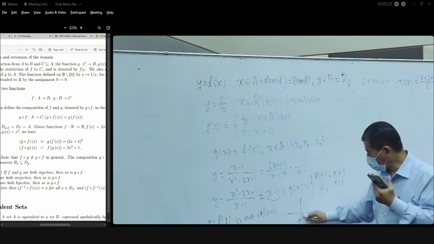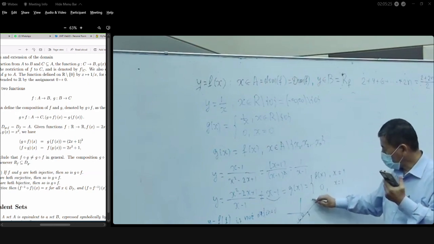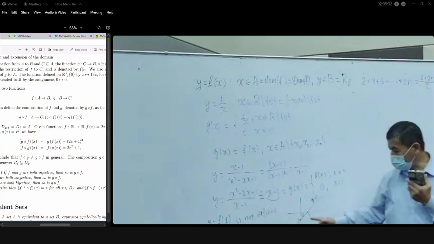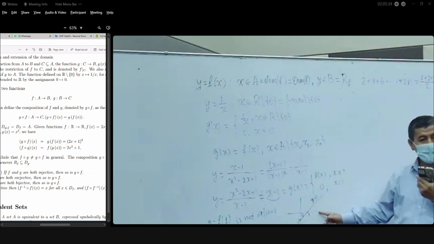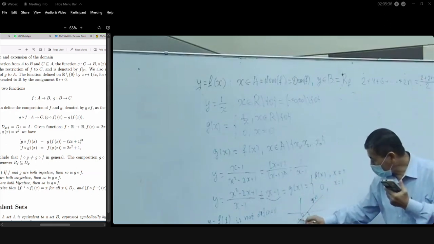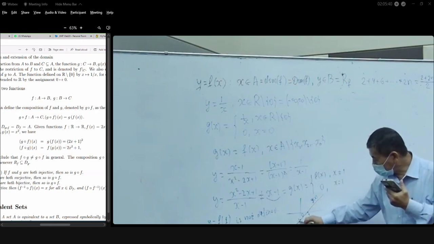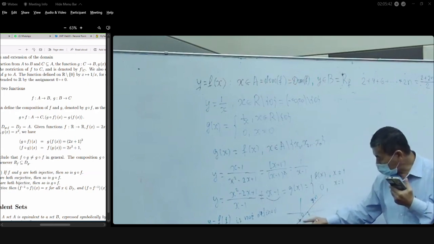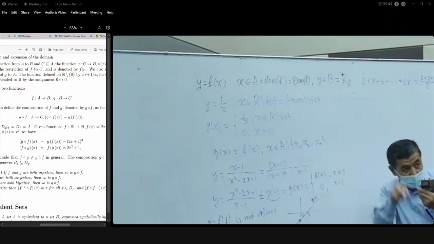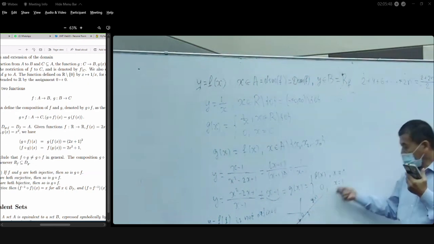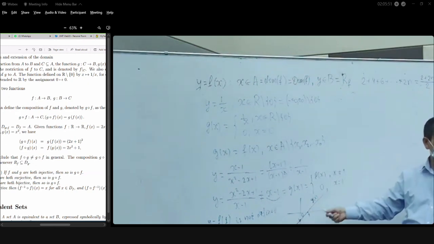So the graph of this function, so this is g of x. You see, actually, this function behaves as this function, except at 1. So you see, now it comes like this, jumping at one point, and continuing as this function.